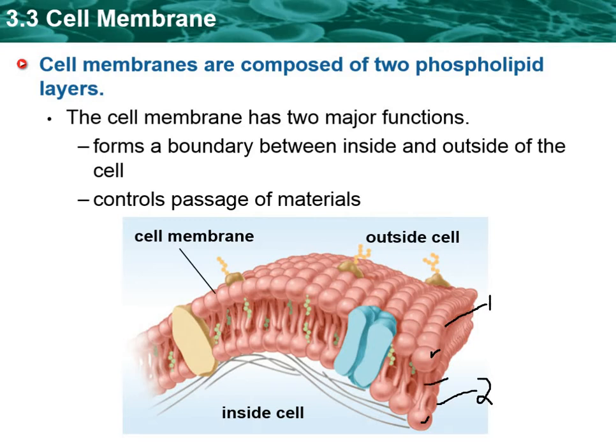And then in between are going to be the tails. The heads are attracted to the water. The tails are afraid of the water. And we'll do an activity in class for you to understand why it makes two layers instead of just one layer.